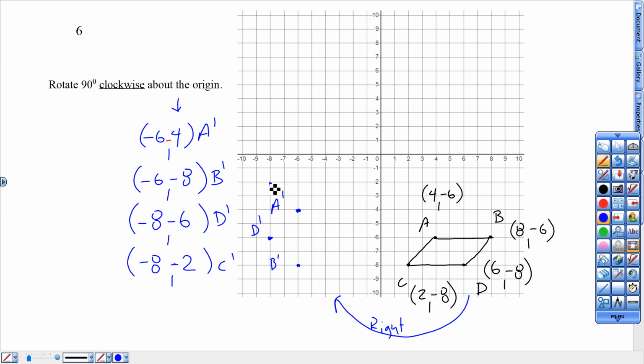That is C prime. Draw those. Know what that looks like when you're turning sideways. Now, those are all the coordinates right here. This is negative 6, negative 8. This is negative 6, negative 4. This is negative 8, negative 2. This one is negative 8, negative 6, right? All those coordinates. All right, next problem, number 7.